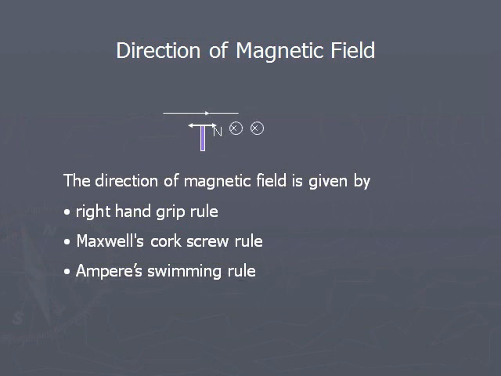Then the north pole will move into the screen and the south pole will move out of the screen. The direction of the magnetic field is the direction in which the north pole moves. So underneath this conductor the magnetic field is into the screen, and above this conductor the magnetic field is out of the screen, perpendicular to the conductor.